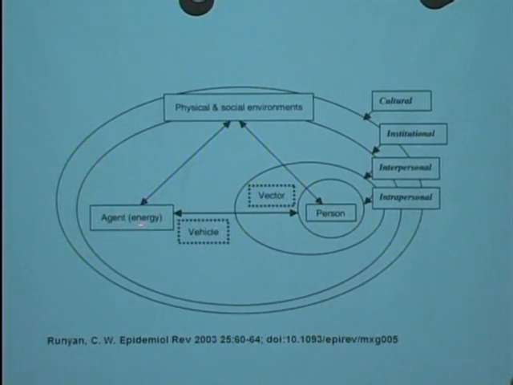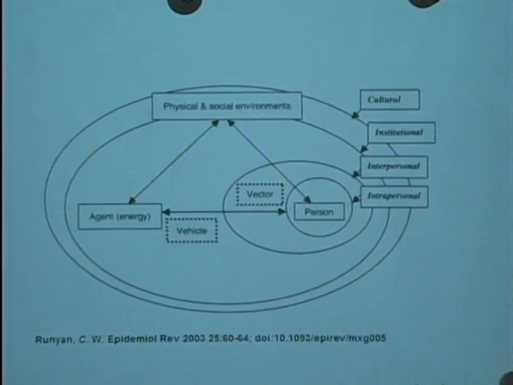And the agent in the case of injury is the various forms of energy, mainly mechanical energy. In motor vehicle crashes, gunshot wounds, the same principles apply at falls. It's all Newtonian physics, the amount of force that's involved relative to the vulnerability of the person.